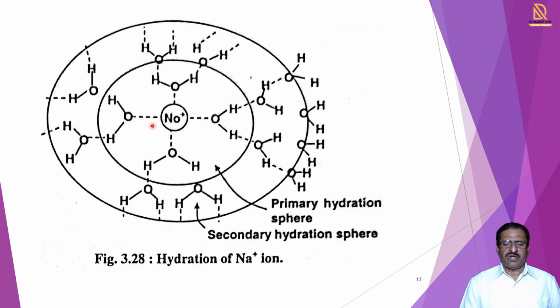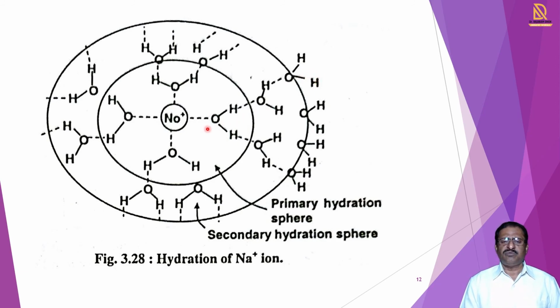Now we see the hydration of the Na plus ion. How is that hydration actually carried out? Consider the same example, the same concept. The Na plus ion is surrounded by water molecules, and those 4 water molecules attract the Na. Again, every water molecule is attracted by other water molecules.